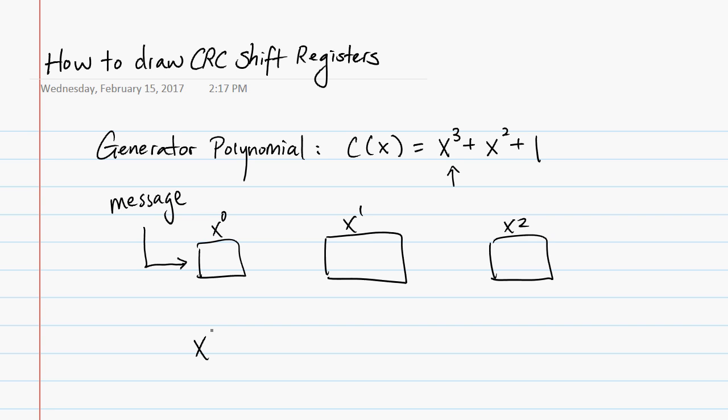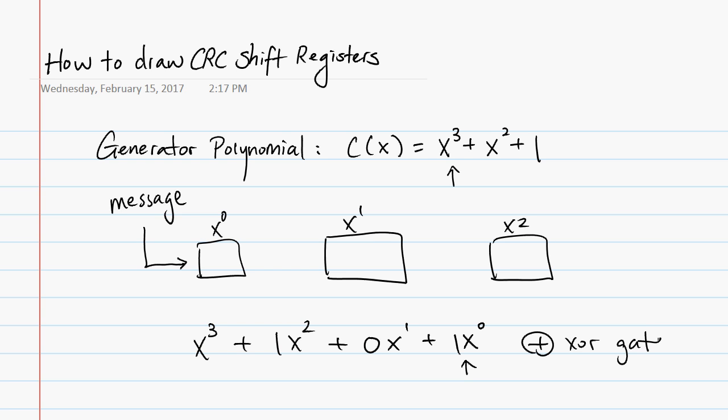So we have x to the 3rd, which we're not going to care too much about, plus 1 x squared plus 0 x to the 1 plus 1. Now if you see a 1 before a polynomial term, that means you need to put an XOR gate in front of the register. An XOR gate is drawn like this.